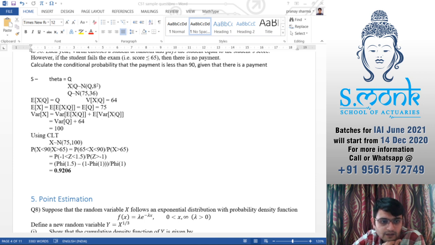A fair die is rolled repeatedly. Let X be the number of rolls needed to obtain a 5. Now see, these become nothing but geometric distribution.